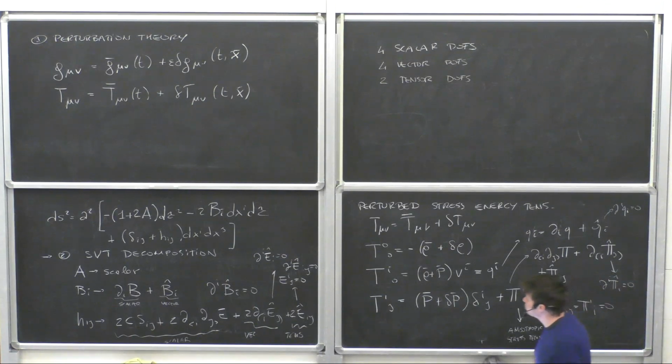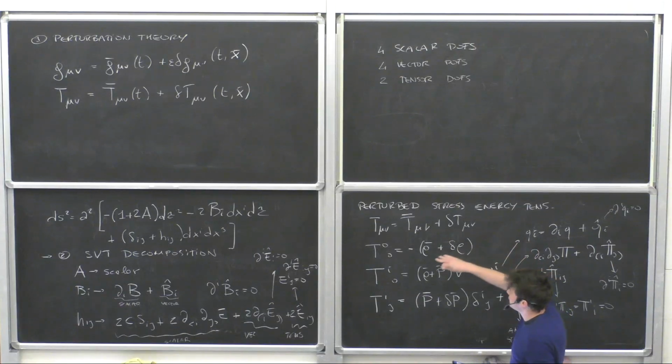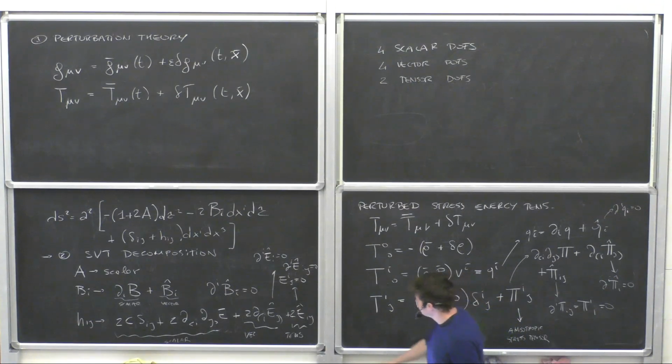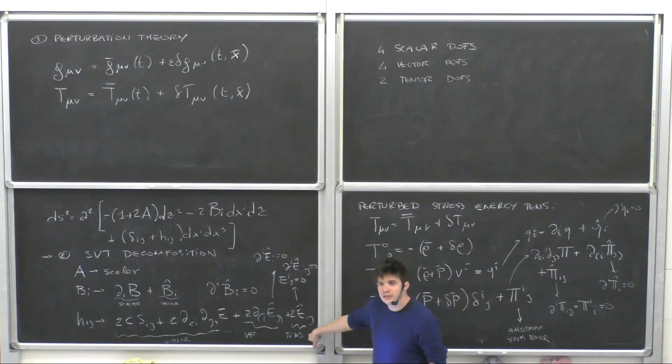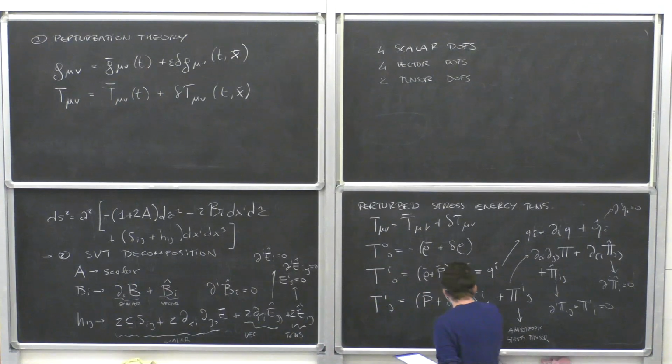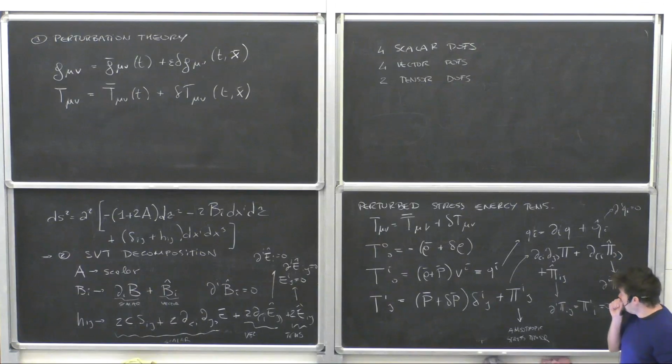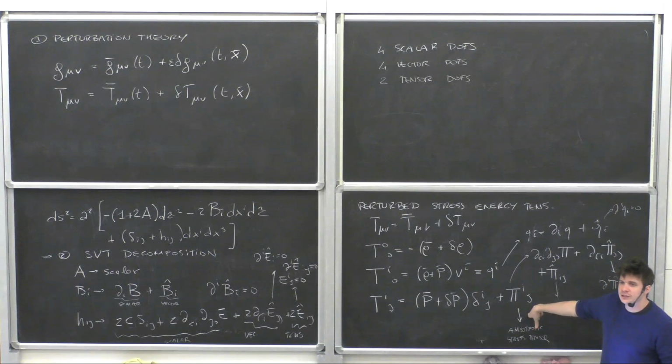The first thing we can notice is that, given that scalar, vector and tensor fluctuations decouple at linear order, this already tells you that tensor fluctuations in the metric can only be sourced by tensor fluctuations in the stress energy tensor, and tensor fluctuations are due to anisotropic stresses, okay?